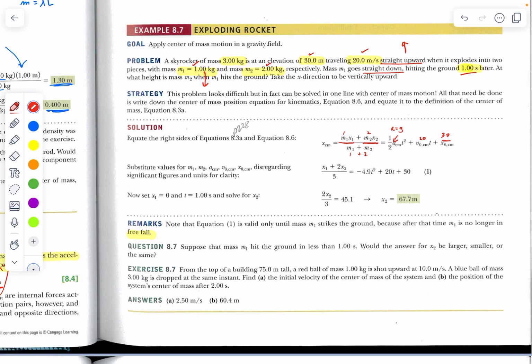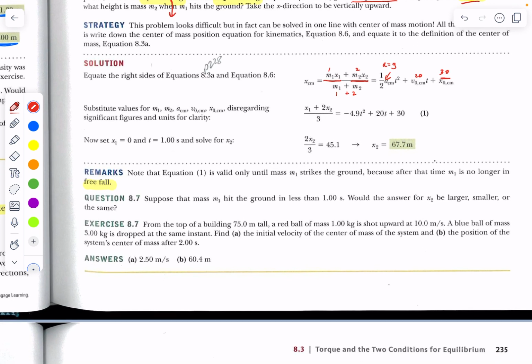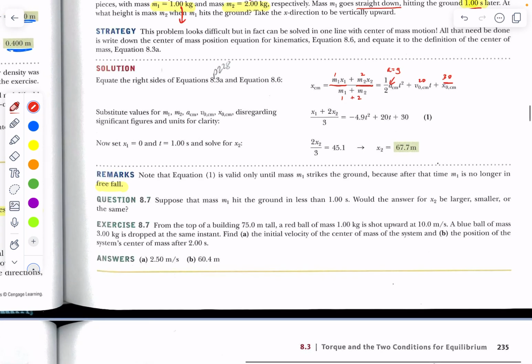So we're going to equate the two equations, 8.3 and 8.6, together. Here's my one equation, 8.3, where you find the center of mass. And here is the other equation over here, which is the modification of our kinematic equation for finding position. Now we're just going to plug all of our numbers in.